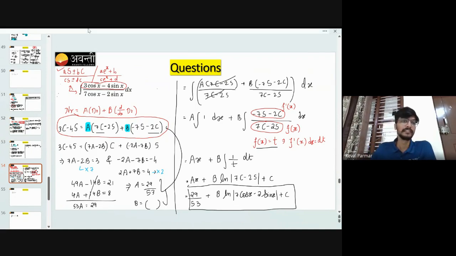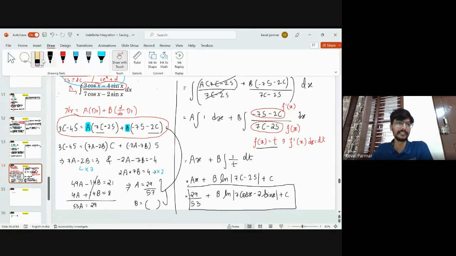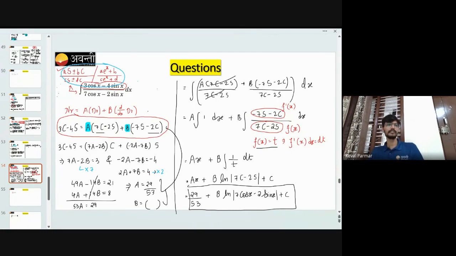Please remember these formats. This one, this both. Right? If any of these comes, we can directly use this question. Got it? Or the steps. I hope it is clear.